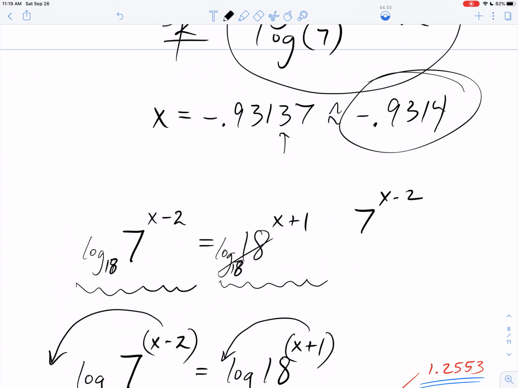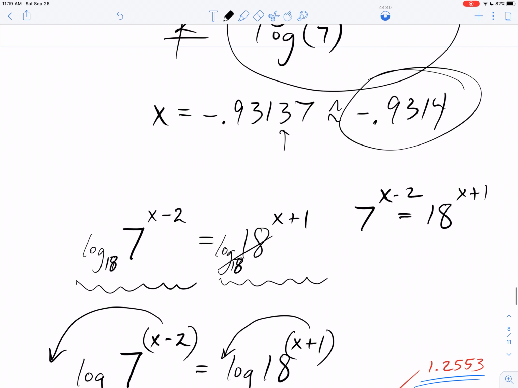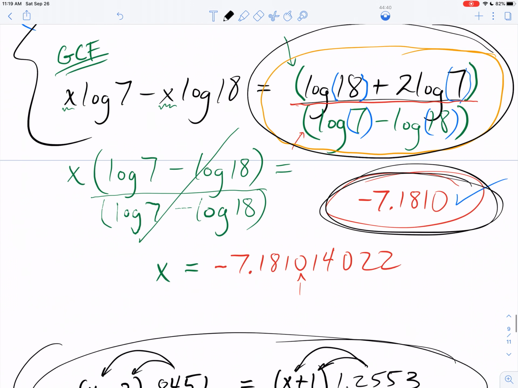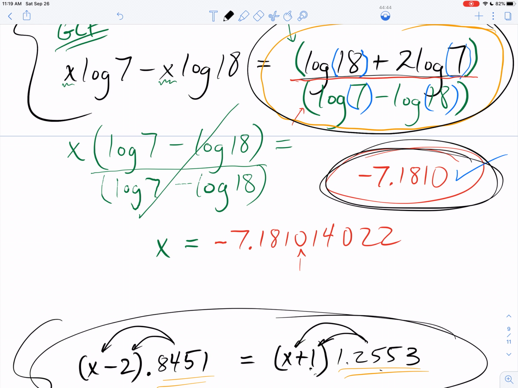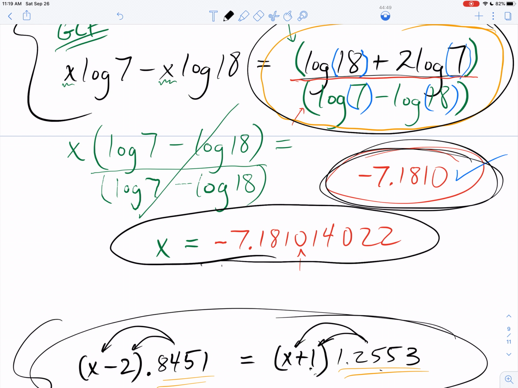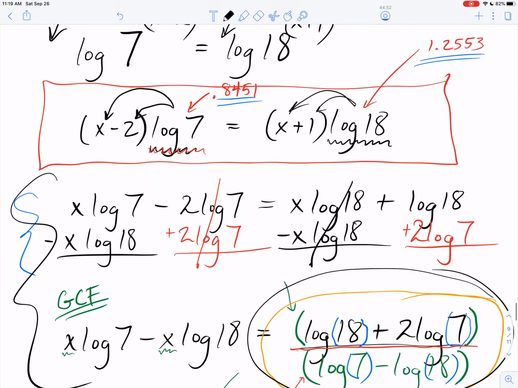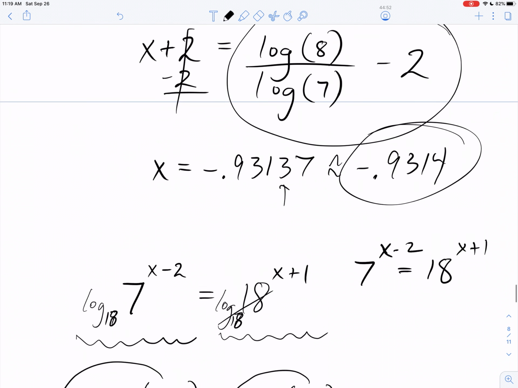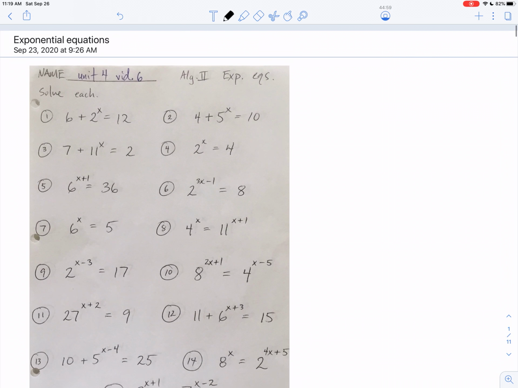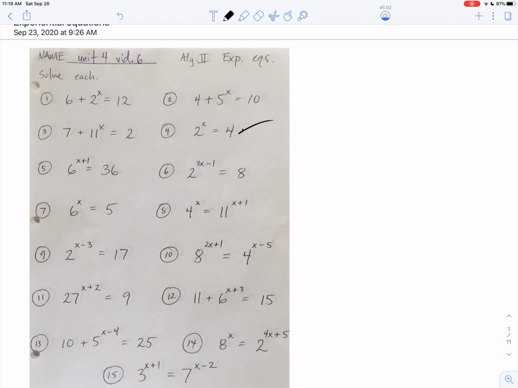Nobody is going to look at this problem and say, I bet if I plug in negative 7.1810 blah, blah, blah, I'll get it right. Nobody guesses that number. So, please show your work when appropriate, and also when it's not appropriate. I understand. I get it. There's not much work to show me for number 4.